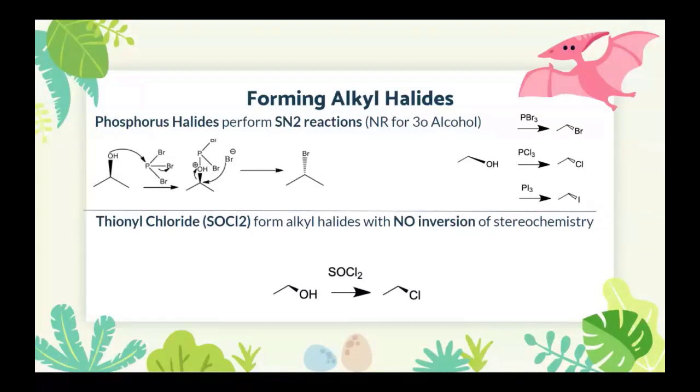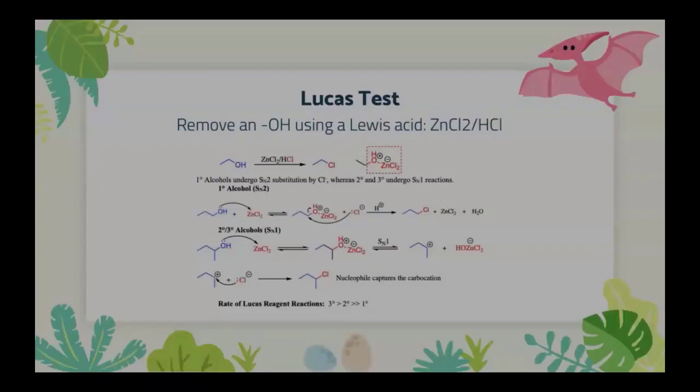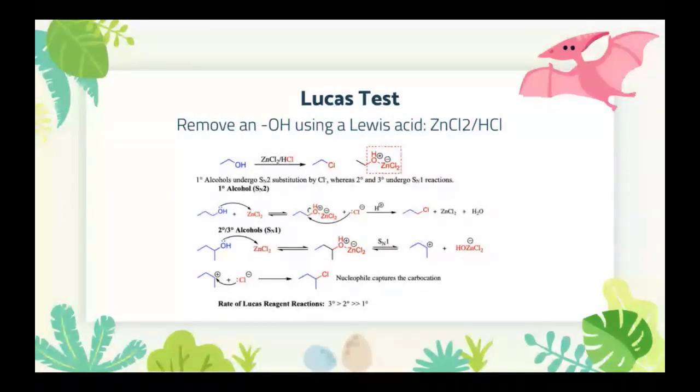Really quickly, I forgot which slide it was, but one of them did react with tertiary alcohols. That might have been the Lucas test. Yes, it was. On the Lucas test, you're going to see that zinc chloride reacts best with secondary and tertiary alcohols. Because of the carbocation stability?